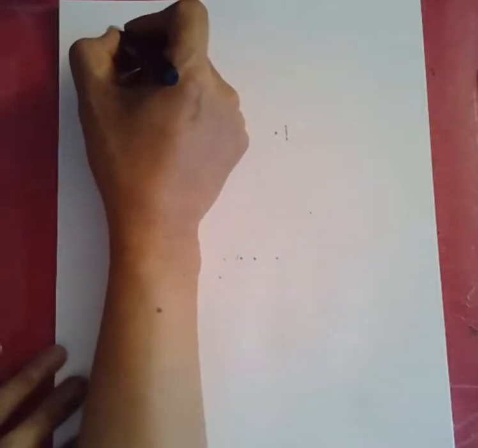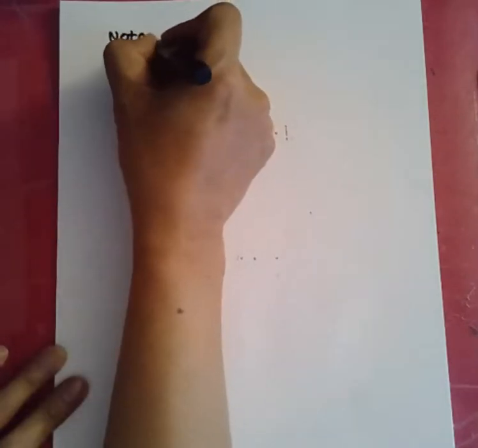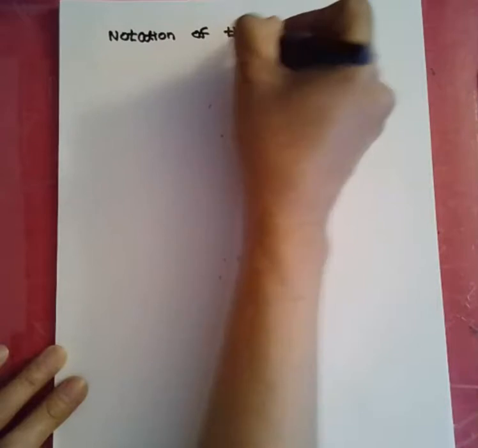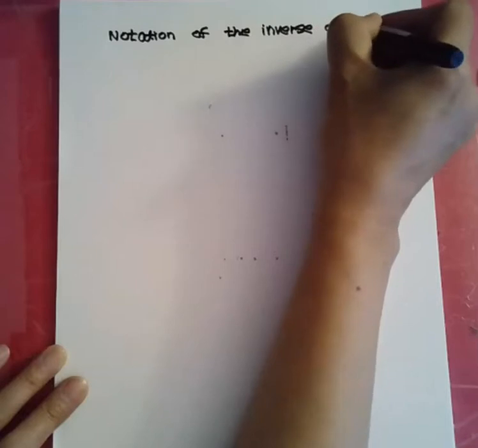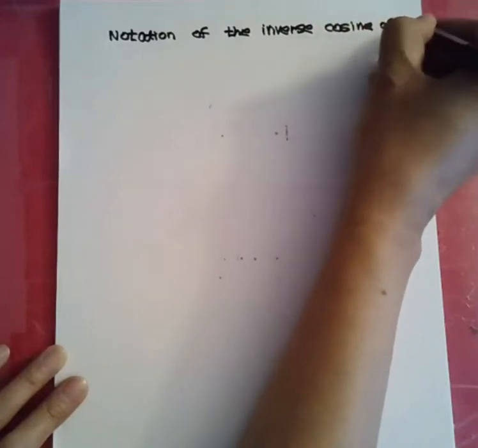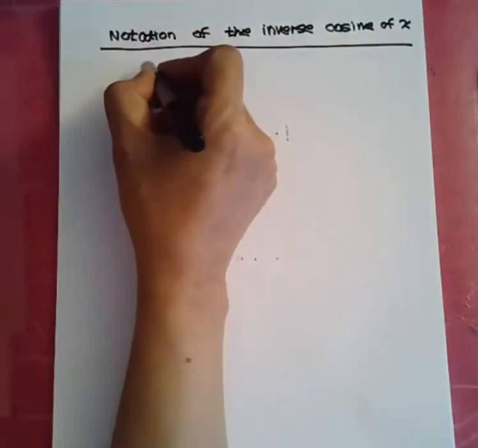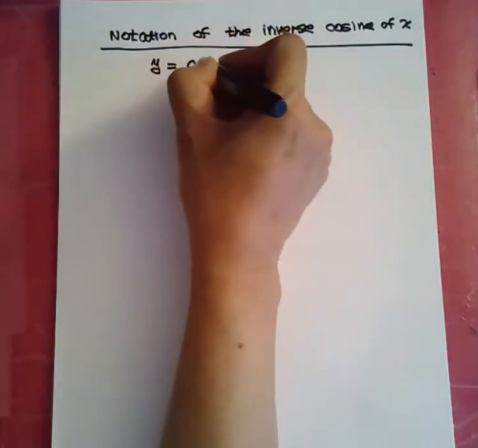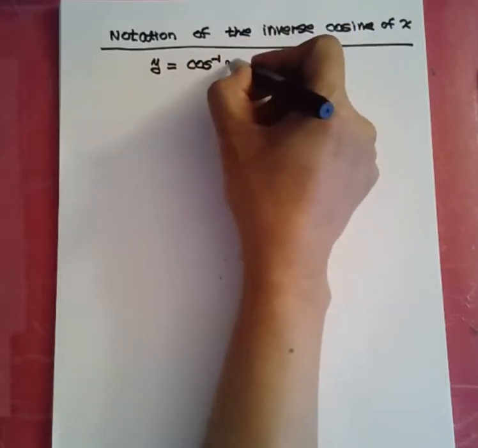We follow the general convention to denote the inverse cosine function. We denote the inverse cosine function as y equals the function name cosine, and then we attach -1 right here, and x is an input.